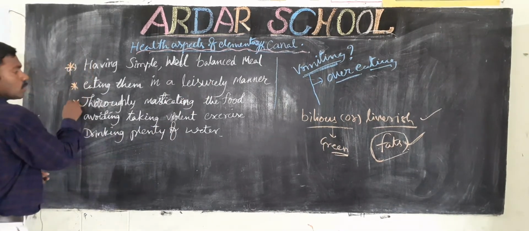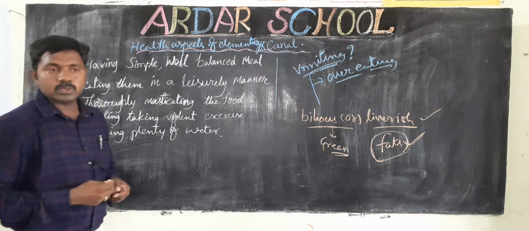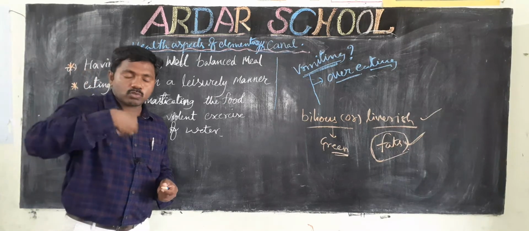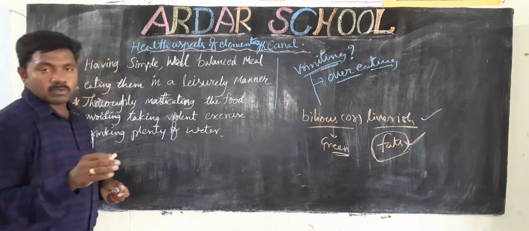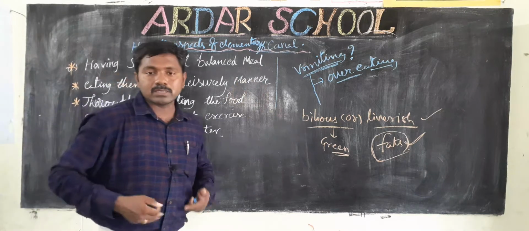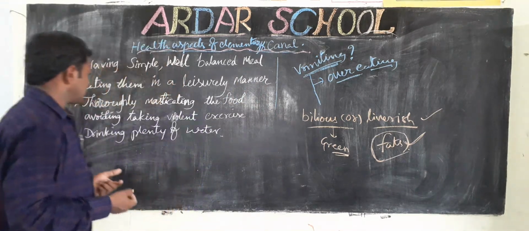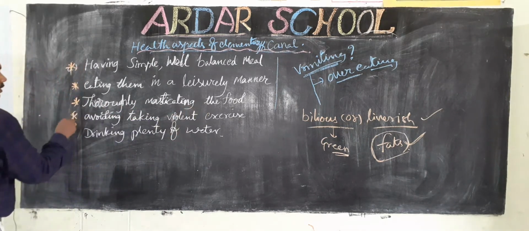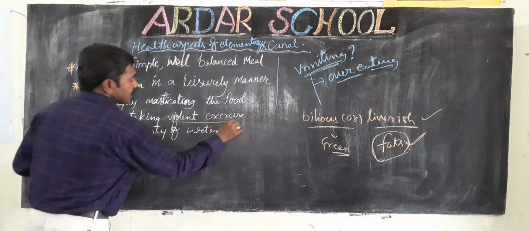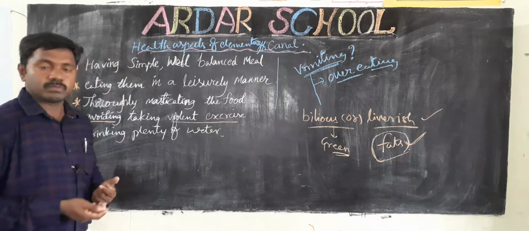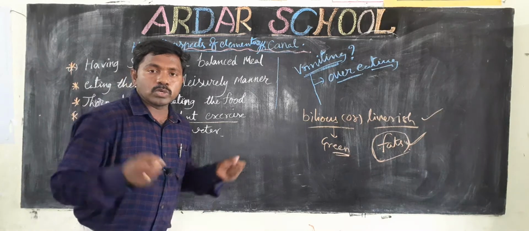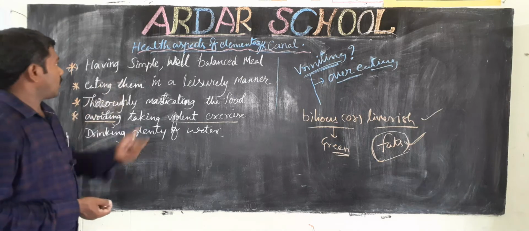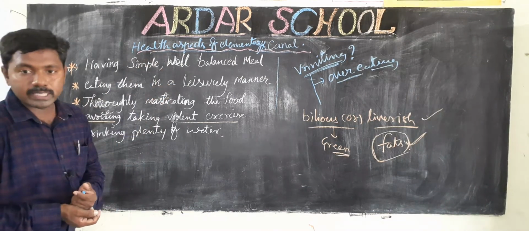Next, thoroughly masticating the food. Some people eat hurriedly and swallow without chewing. If we don't masticate, our stomach cannot digest the food completely. Next, avoid violent exercise after eating. After a meal, don't exercise, because it causes vomiting or other health problems of the alimentary canal.